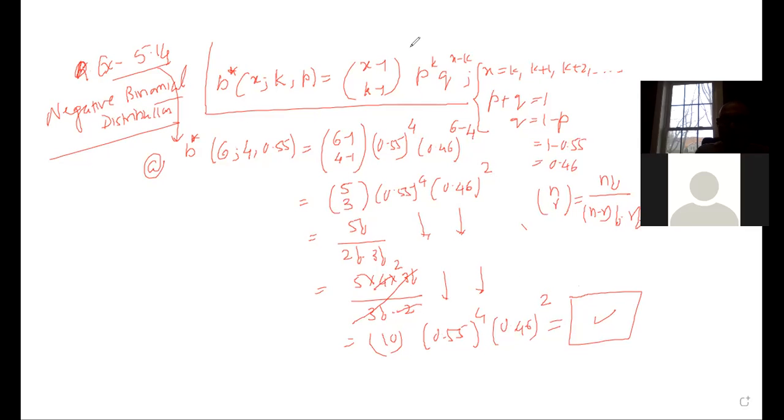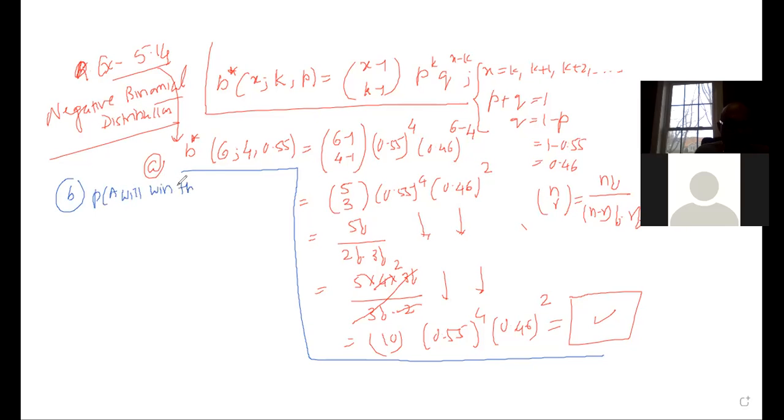Okay, now let me go for my B part. This is A part. B part says: what is the probability that team A will win the series? Team A will win the series.